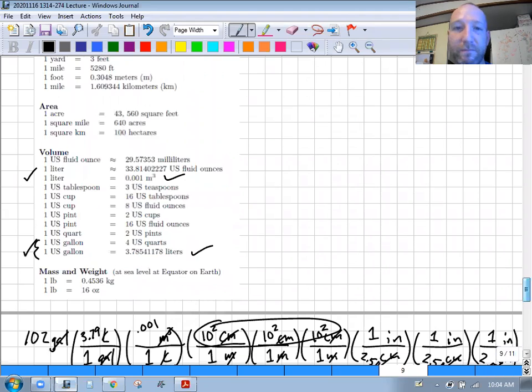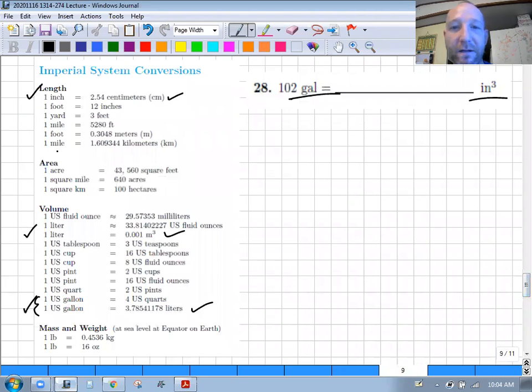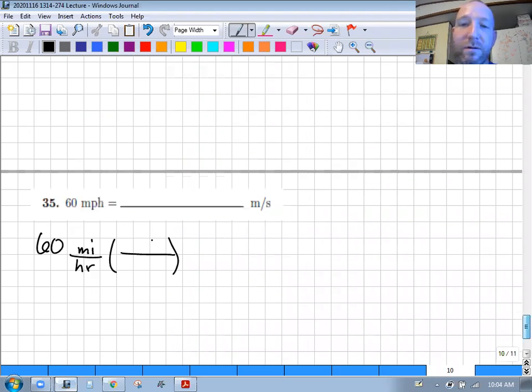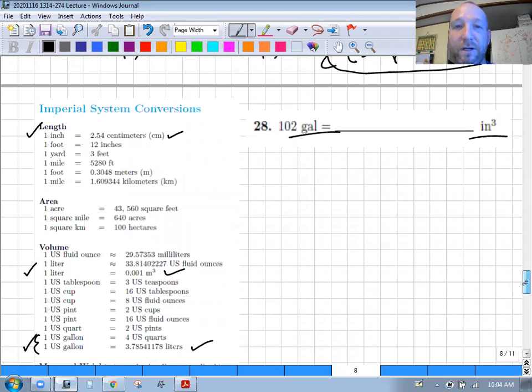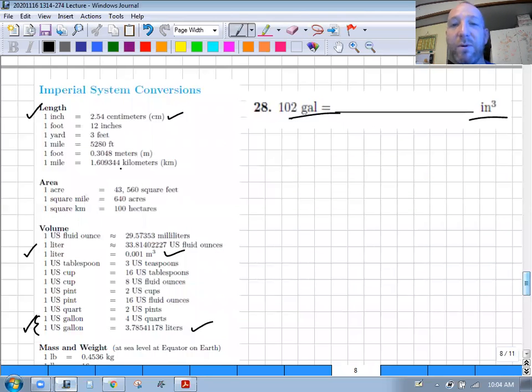Let's see. Oh, we got miles per kilometer. So 1.6 kilometers is 1 mile. Yeah, 1.6 kilometers is 1 mile.